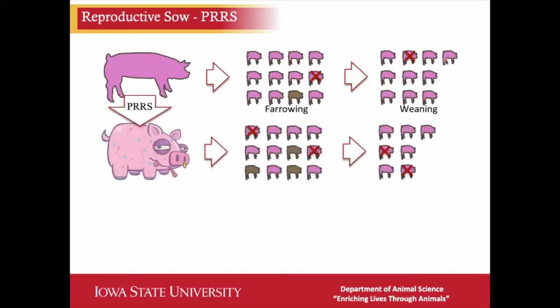But in the presence of PRRS, maybe we still have the same total number born, but now we have 2 stillbirth piglets, then we have 3 mummified piglets, so now we're down to 7 that could potentially be weaned, but these piglets are weaker, and actually you only wean 5.